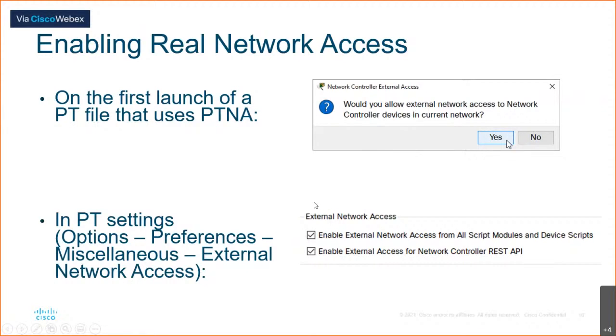If you have a network controller device in your Packet Tracer topology or file you're opening, it will ask you to enable it on the first launch if it's not enabled. So you just click yes over here. Or you can do it more manually. You can go to Options, Preferences, Miscellaneous, External Network Access, and enable this second box over here. And by the way, the first box is for a similar functionality, but for IoT devices. IoT devices in Packet Tracer can also access the real world.